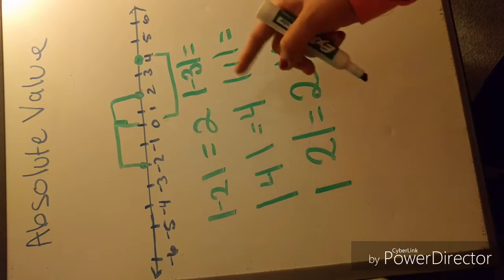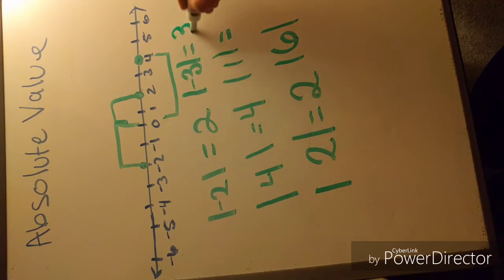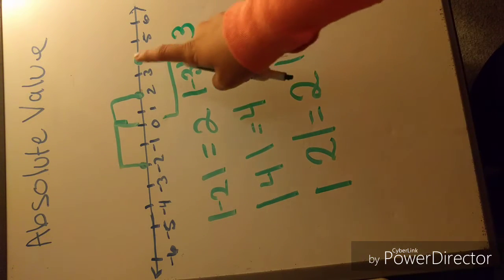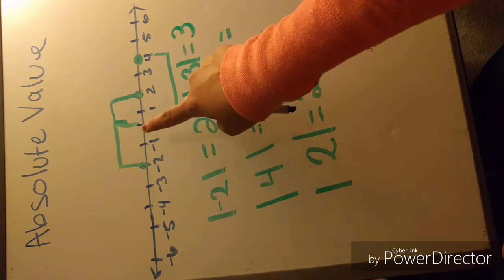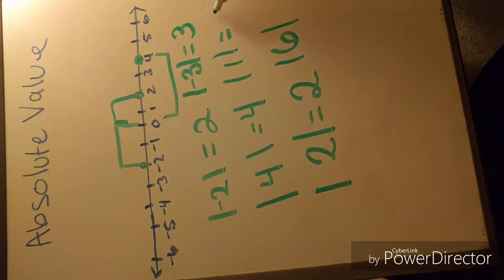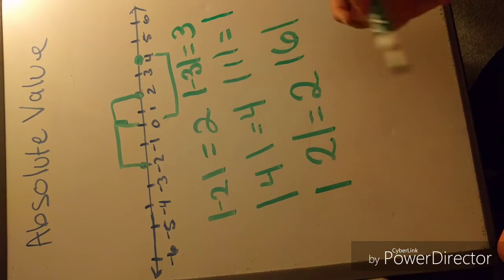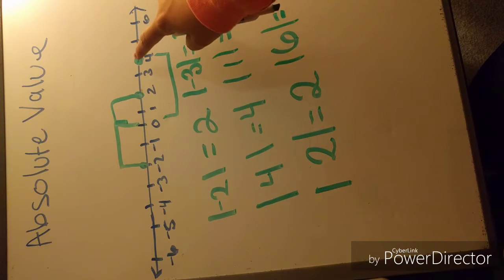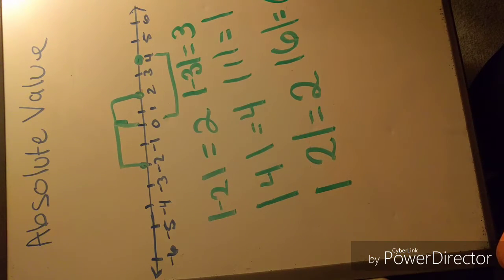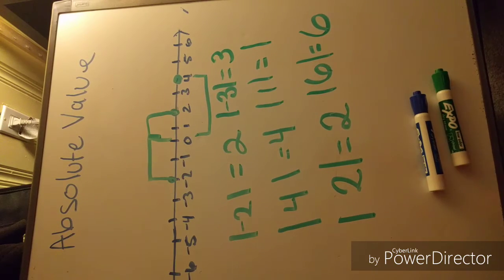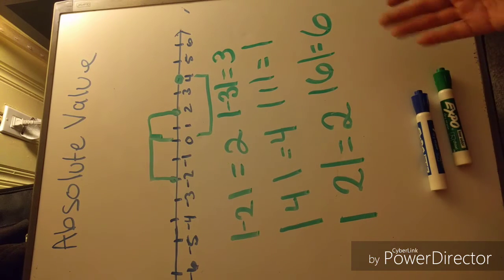So the absolute value of -3 is 3. Let's look at 1. It's 1 unit away from 0. So the answer is 1. 6. It's 1, 2, 3, 4, 5, 6 units away from 0. So the absolute value of 6 is equal to 6.